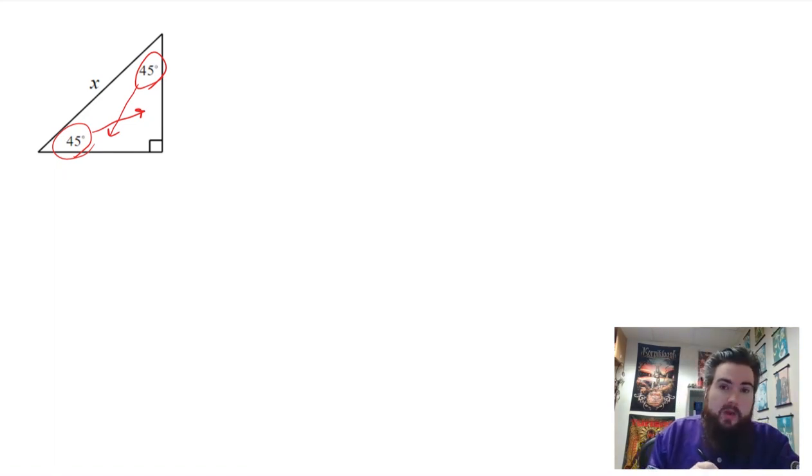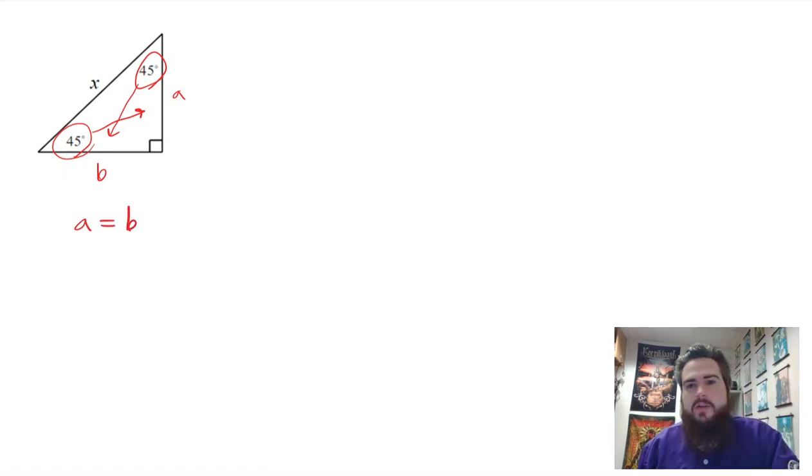So, with that in mind, if you call one of them A and one of them B, then really A equals B in this case. Those two side lengths are equivalent.